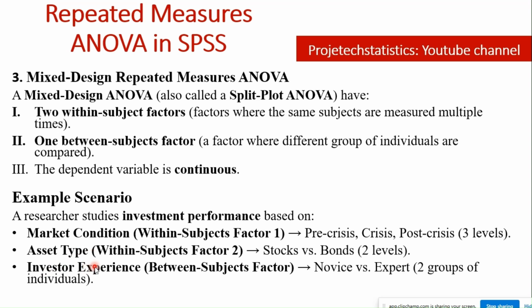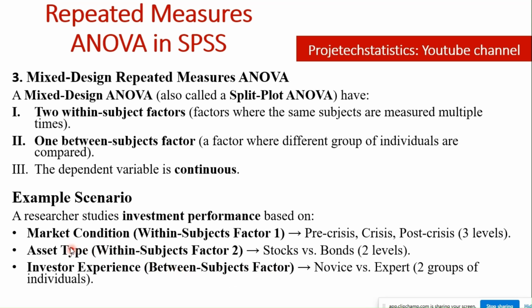So we have our investors now being divided into two groups of individuals. That is where the between subject factor comes in. When the individuals in the experiment are divided into two groups, novice and expert groups, that is where the between subject factor comes in.